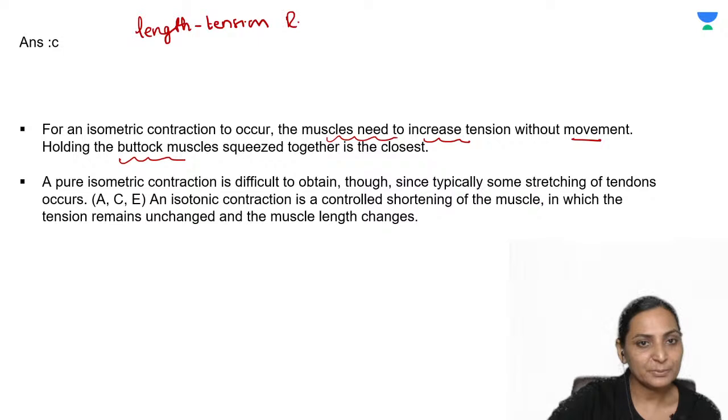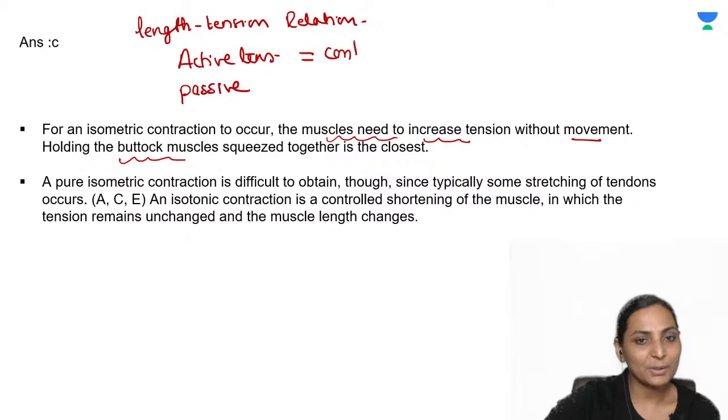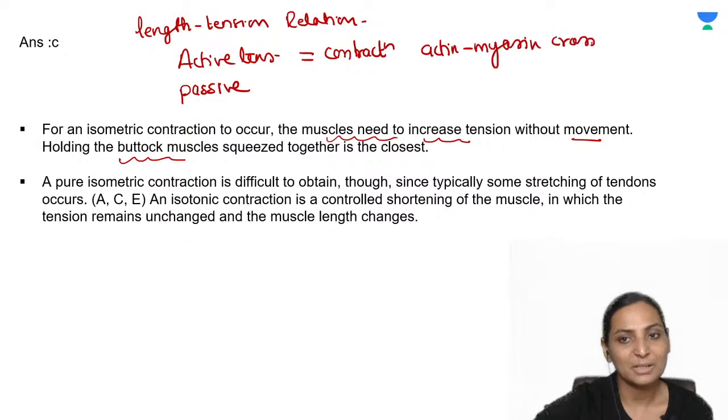It is telling you about the active tension and the passive tension. These are the points to be remembered. Active tension is mainly because of the contraction, that means actually because of the actin myosin cross bridge activity.